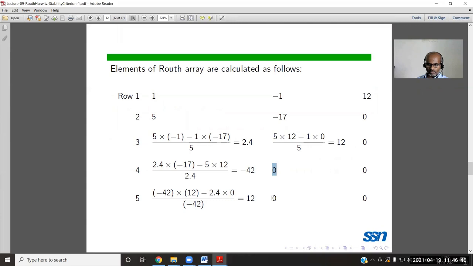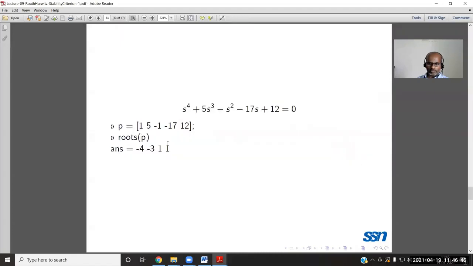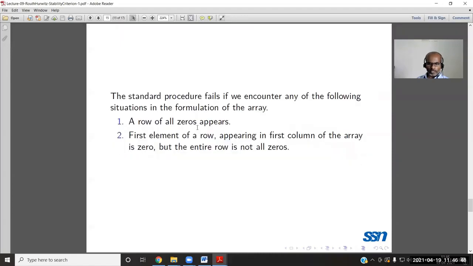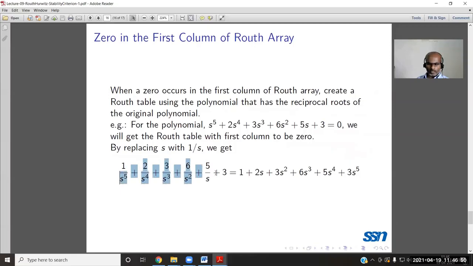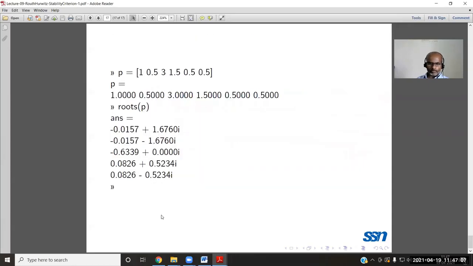The 0 came, so we are treating this also as 0, but you have to rearrange this in a different form by using this: wherever this s is there, change it with 1 by s, and you'll be writing another polynomial and constructing a Routh array for that polynomial and checking the stability criteria for that rearranged polynomial. Okay.